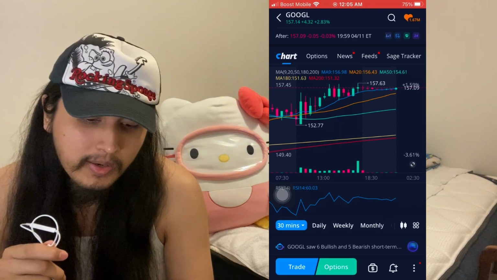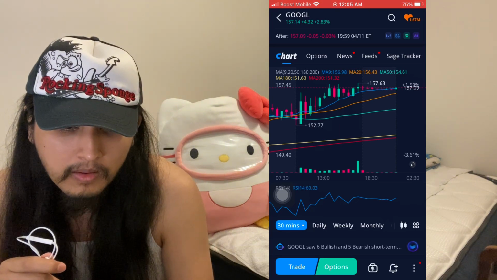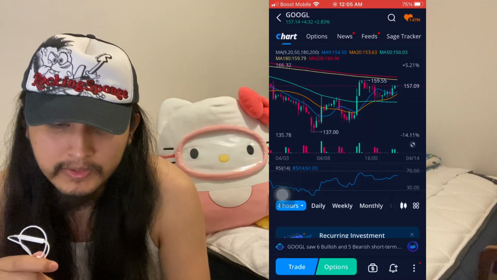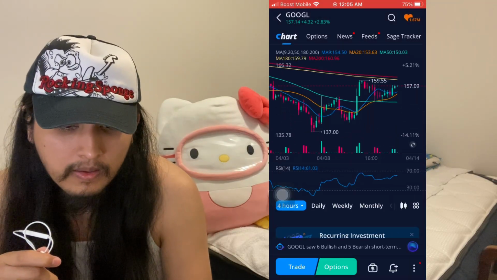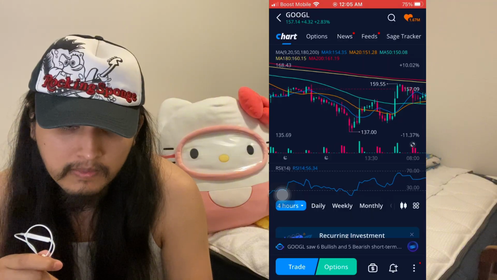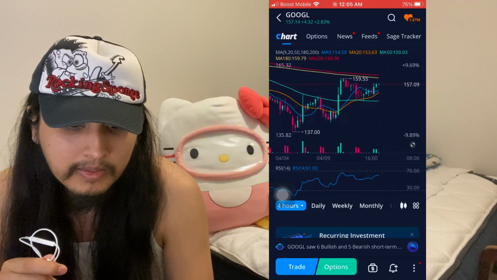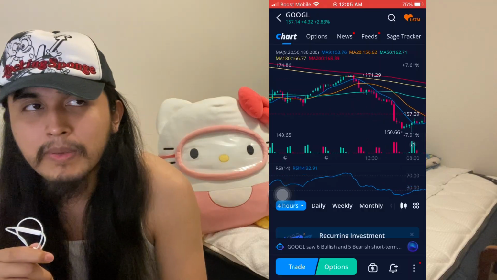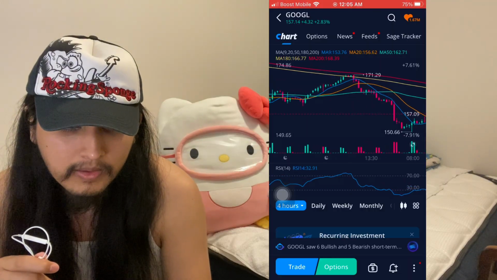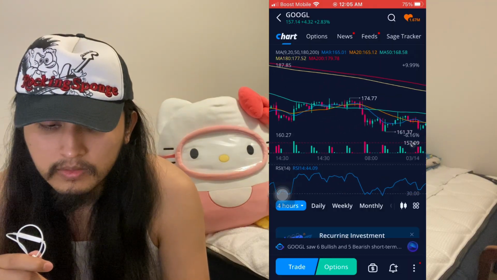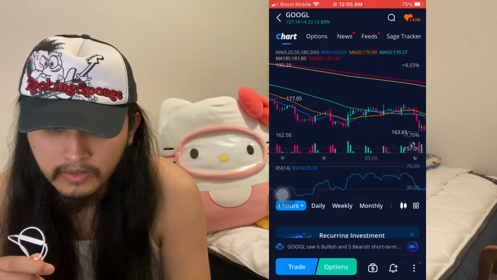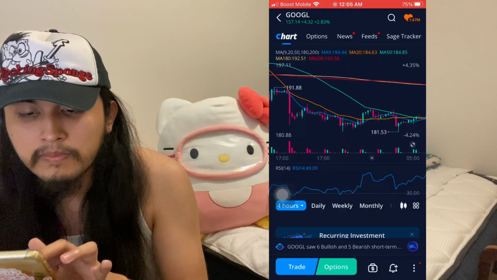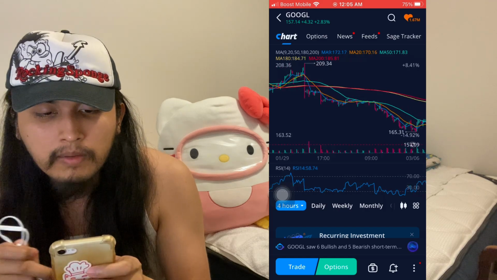The best way I can figure out what type of trend a stock is in is the 4-hour time chart, because I find it the best time frame to analyze the long-term trend of a stock.